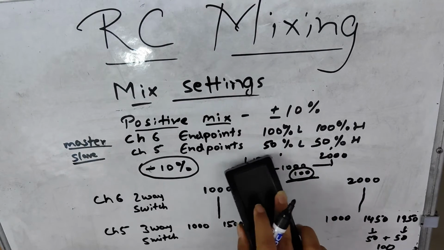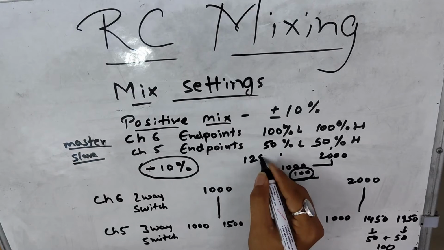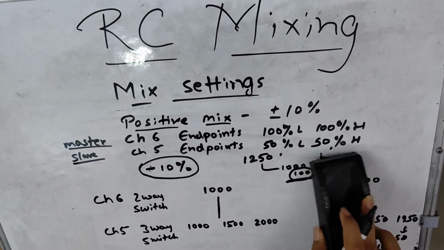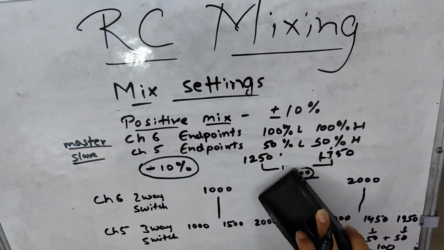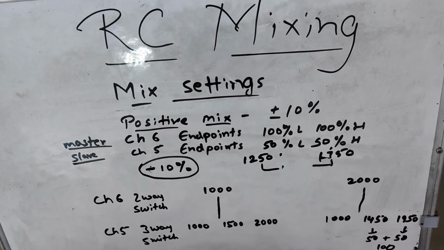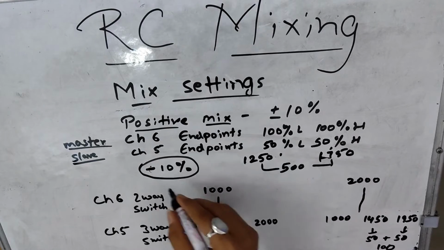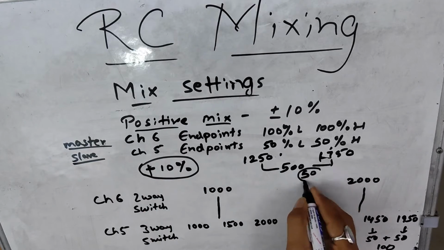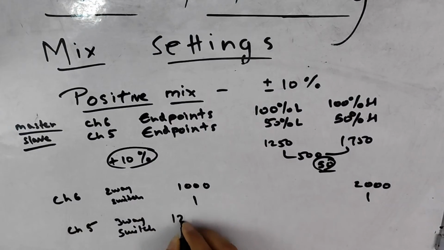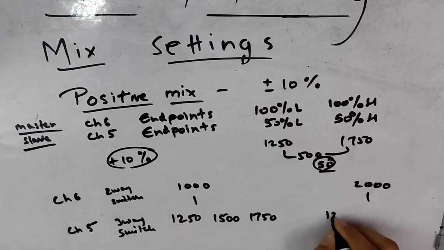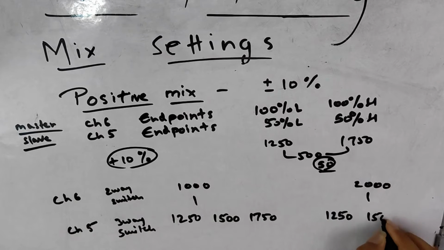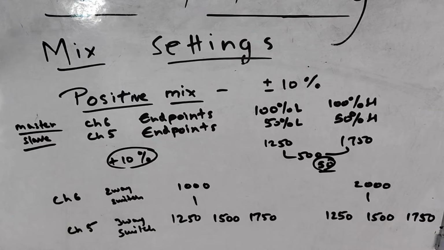Next up, when the endpoint for channel 5 is 50%, we get 1250 and 1750 as our extremes, and the difference is 500. 10% of that is 50. This time also, when channel 6 is at the lowest extreme, that is 1000 value, channel 5 values are the same, that is 1250, 1500 and 1750. Once we switch again to channel 6 other extreme, that is 2000, we notice a change in channel 5 values, that is 1250 plus 25, 1500 plus 25.